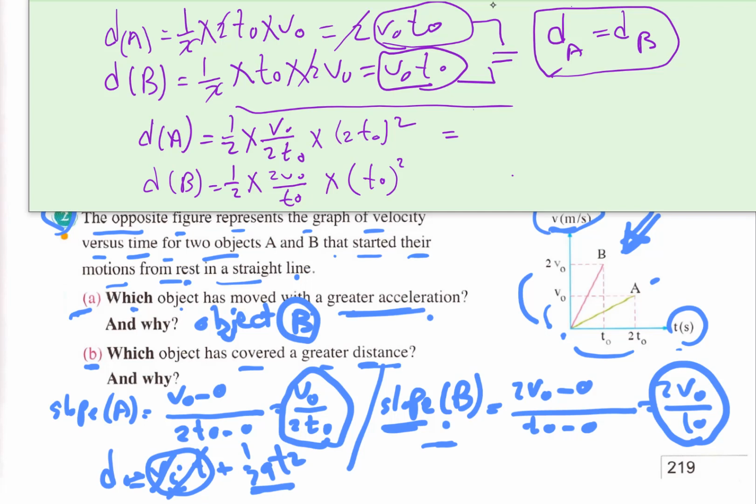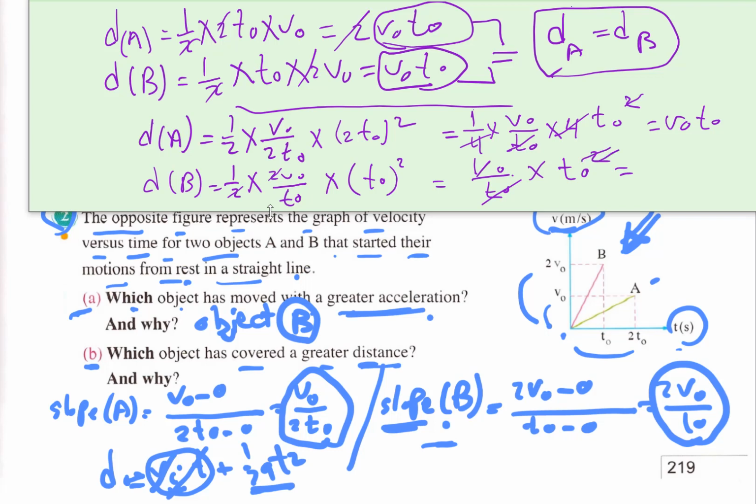So here one quarter times V naught over T naught times 4T naught square. Here half, 2 goes with 2. So V naught over T naught times T naught square. The first one, 4 goes with 4, T naught goes with the square, so V naught T naught. The second, T naught goes with the square, so V naught T naught. So they have equal distance.